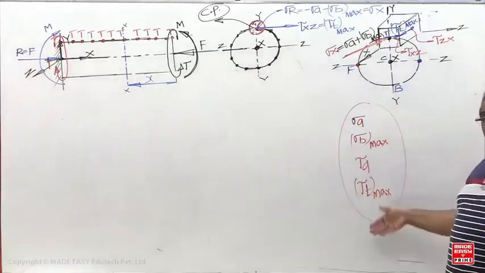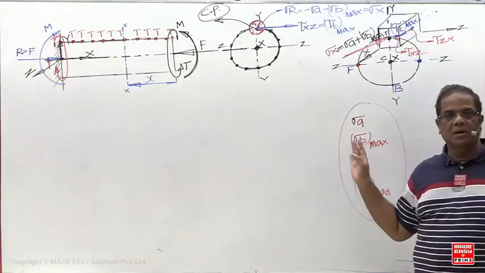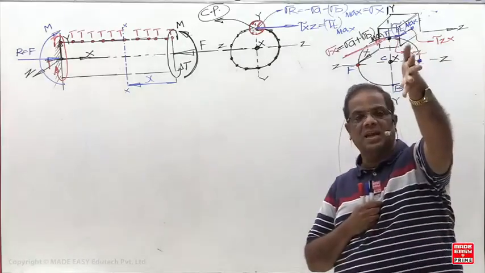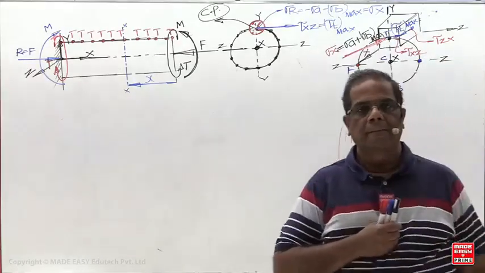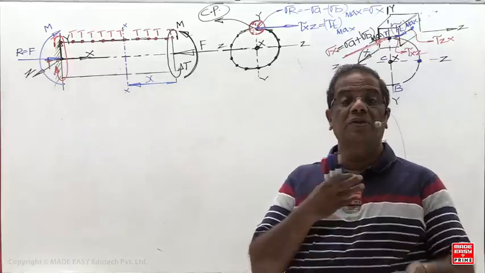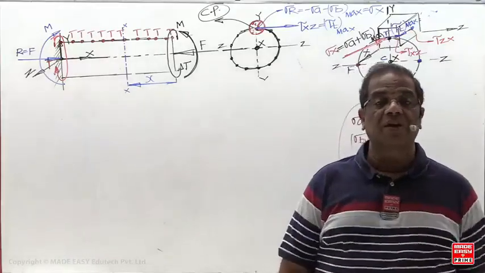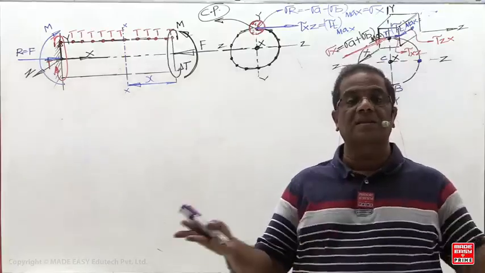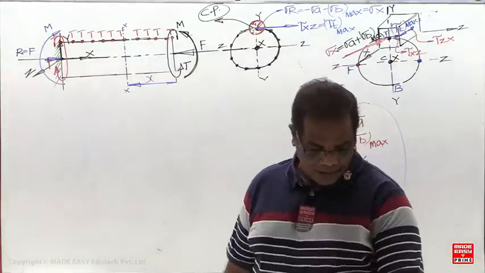But whenever you are asked about a member, you have to do the principal stress calculation. For that, you have to do the stress analysis, and that is where you draw the stress tensor or state of stress.